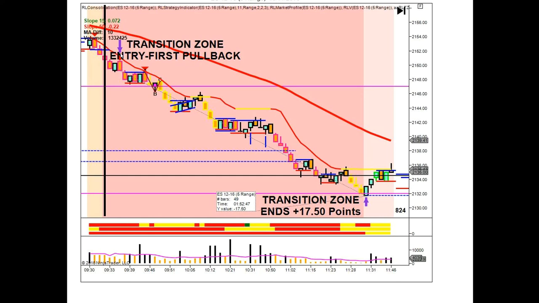Once you get a confirmation signal back to the downside, that trade has an 85% likelihood of continuing through to the downside. And that is really the strength of the transition zone. It leverages background bias. It leverages the 50 and the 15.